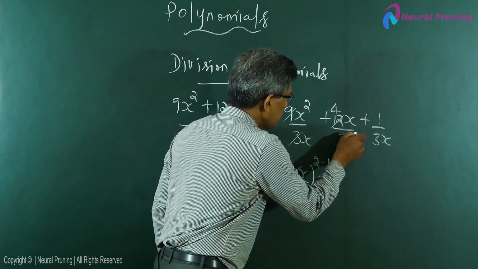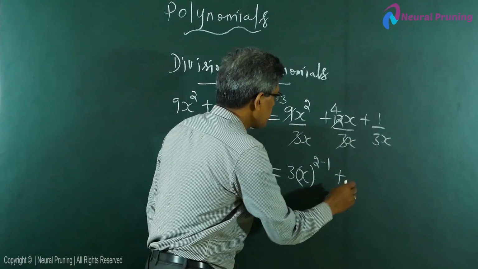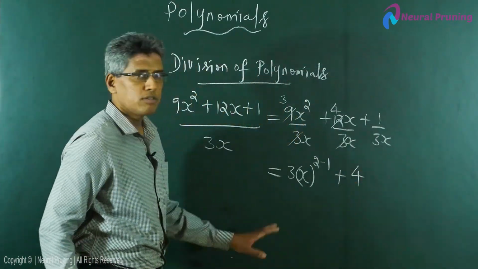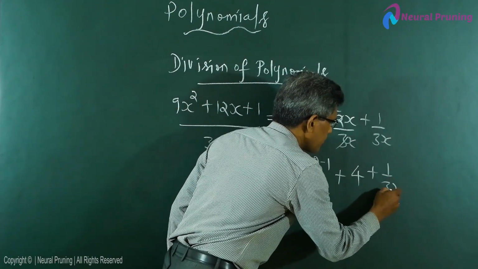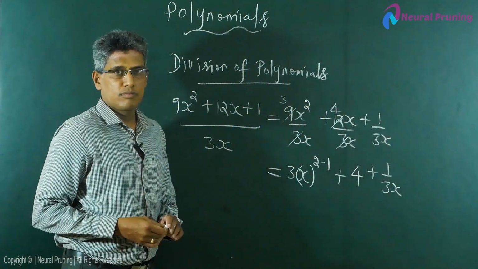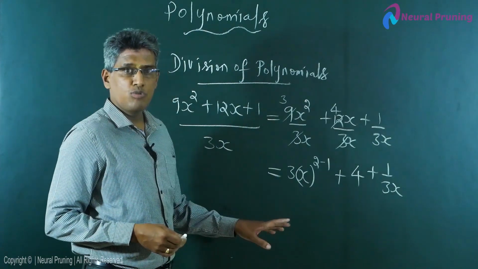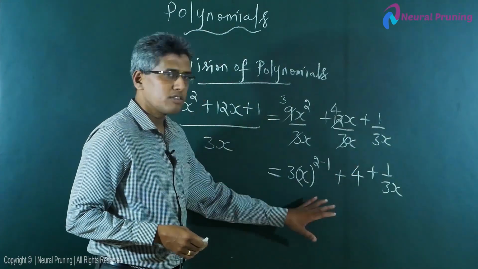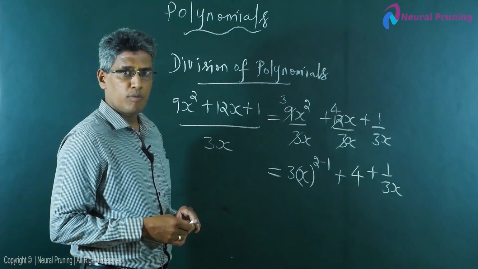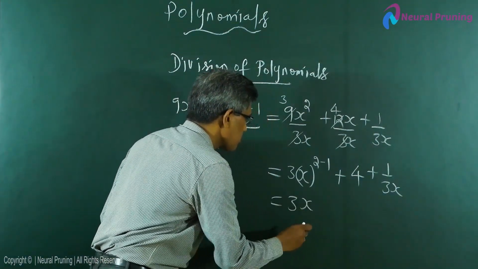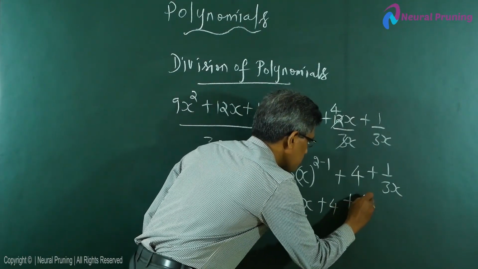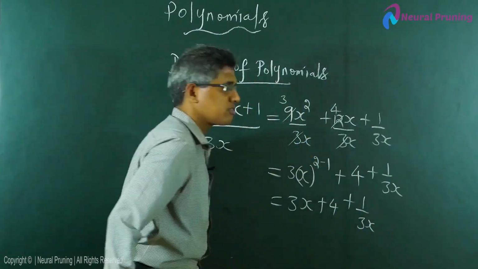So x and x cancel out each other, you are left with 4, and then 1 by 3x. Now I would request all of you to focus your attention on the resulting expression. So now this is 3x plus 4 plus 1 by 3x.